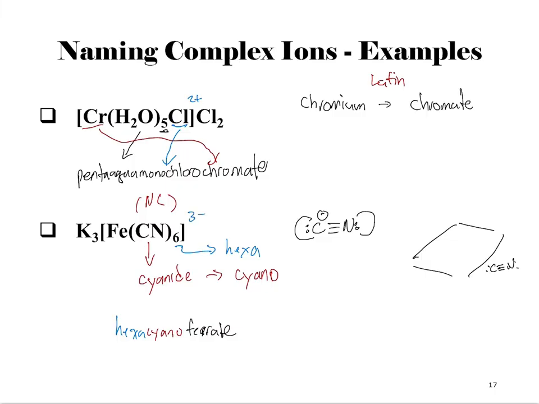And then, what's the oxidation state of this metal here? If this is 3-, each one of these carries a -1 charge. What does the oxidation state for iron have to be such that the total charge on the complex ion is 3-? +3, right? Because +3 -6 gives us -3.